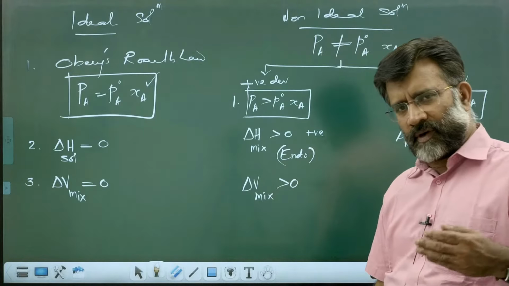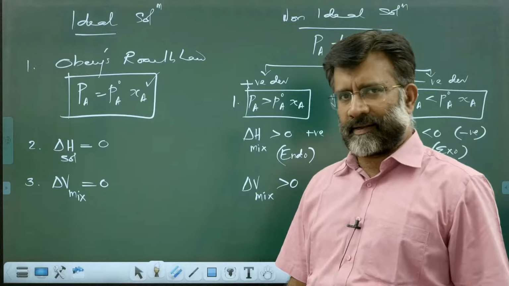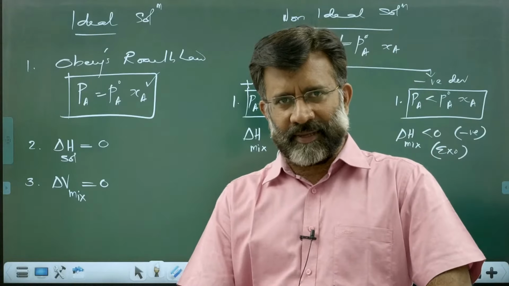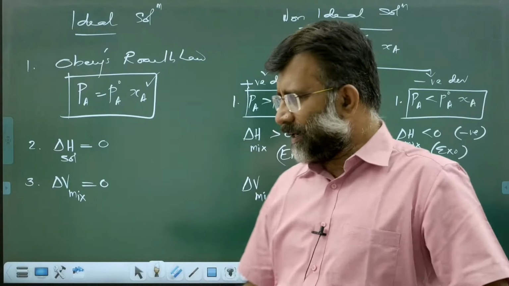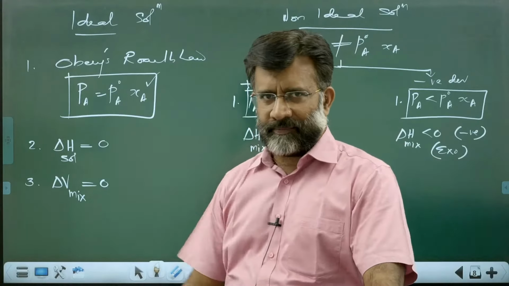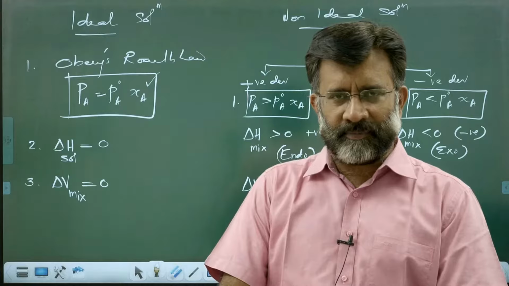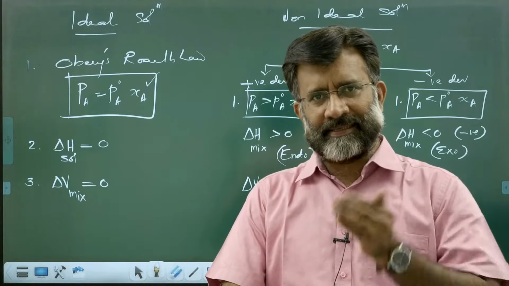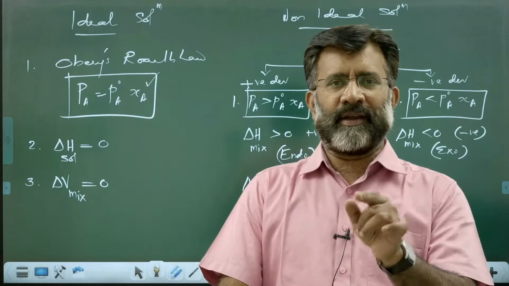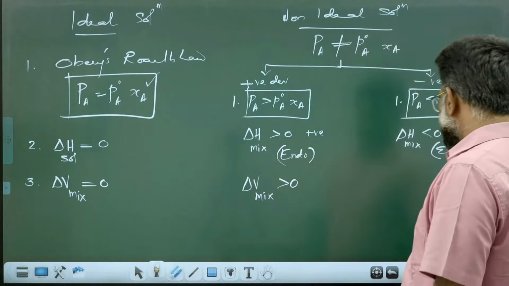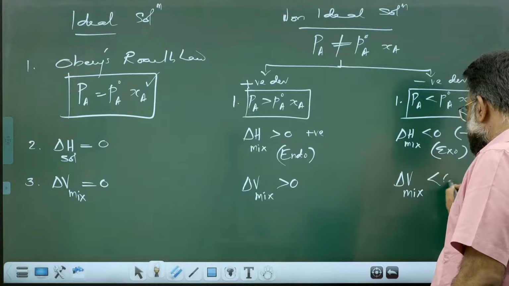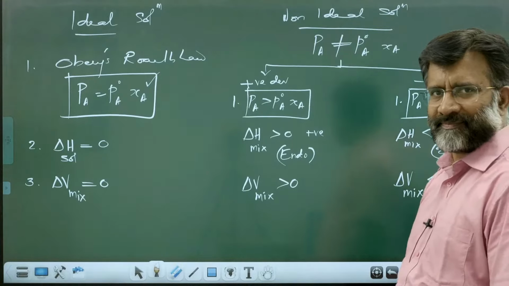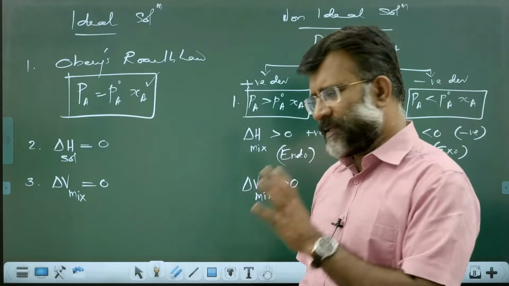That means volume increases. 10 liters A mixed with 10 liters B, you are going to get 20 plus. If you get exactly 20, ideal. 20 plus, non-ideal positive. Less than 20, non-ideal negative deviation. For negative deviation, delta V mixing will be less than 0.